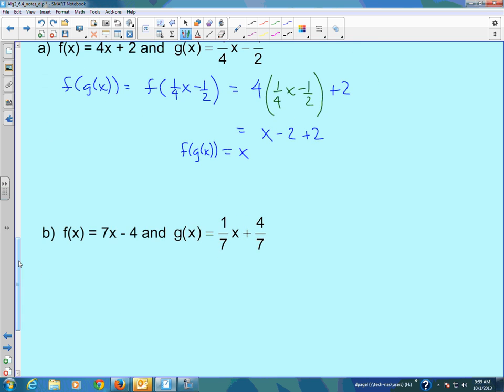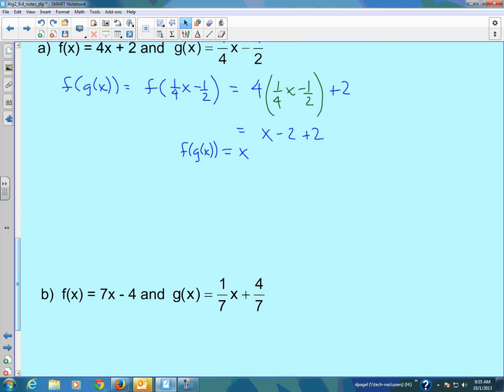Check the other one now. Create some space here. Now let's check g of f of x. So now we have g of 4x plus 2. So we get 1/4 times 4x plus 2 minus 1/2.